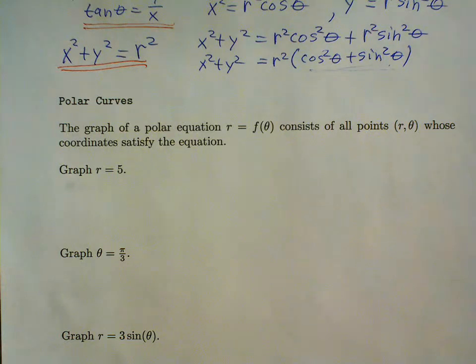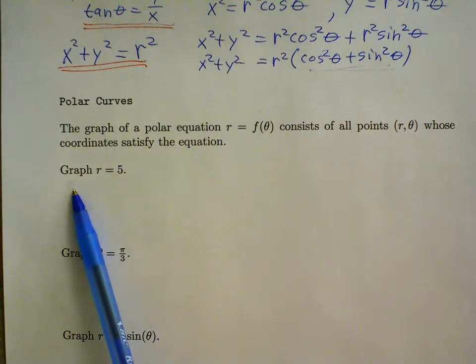Something that you might relate that to in the xy plane, what does the graph of y equals 5 look like in the xy plane? It's just a horizontal line. Y equals 5 is a horizontal line.